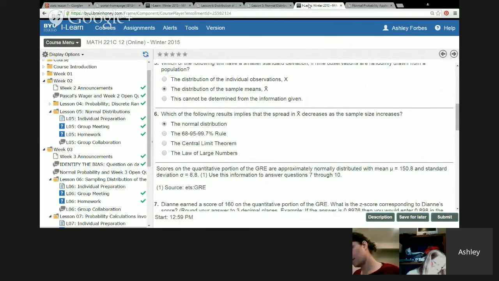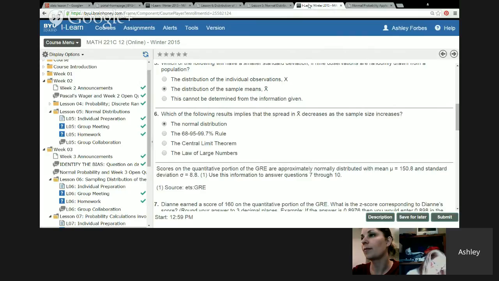The 68-95 rule is talking about how many deviations it is from the mean: 68 percent is 1 standard deviation, 95 is 2 standard deviations. The central limit theorem specifically states that if the sample size is large, then X̄ will be approximately normal. The law of large numbers is that the sample mean X̄ will be close to the mean of the parent population. So none of those really have to do with that.